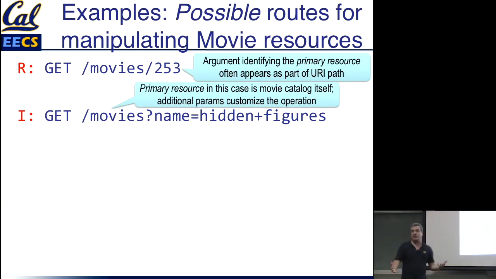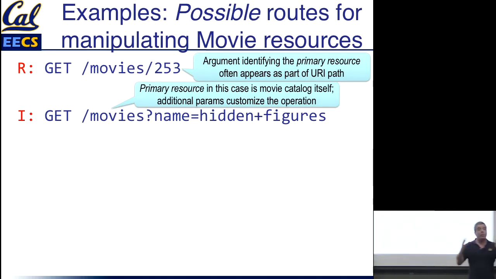That's probably the collection, right? We haven't identified a specific one. But some optional additional arguments will let us customize the view that we want to get. We don't want every single thing in the catalog. We want to filter it down according to whether the name matches these terms. And we could provide other ways to match it down too. So again, the three RESTful questions: What is the resource? What is the operation being done on it? And is any other data necessary or could be specified that could affect that operation?